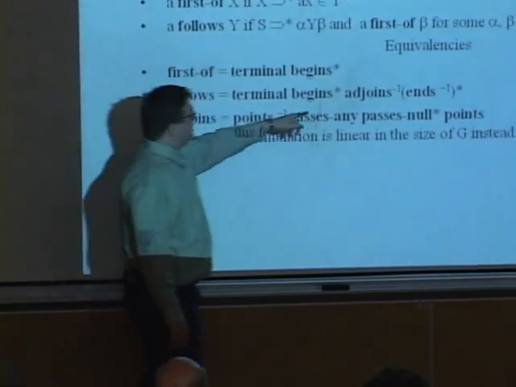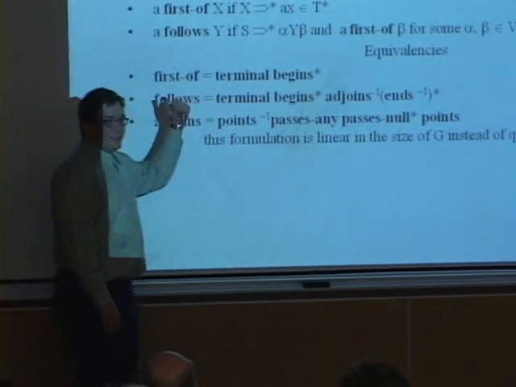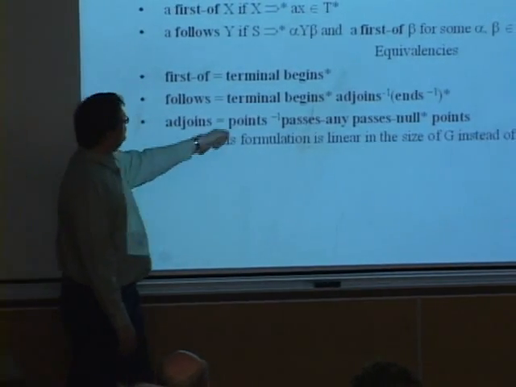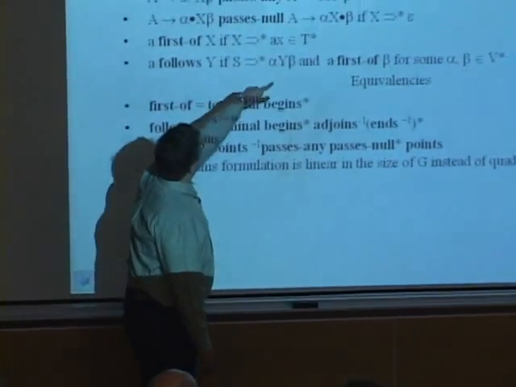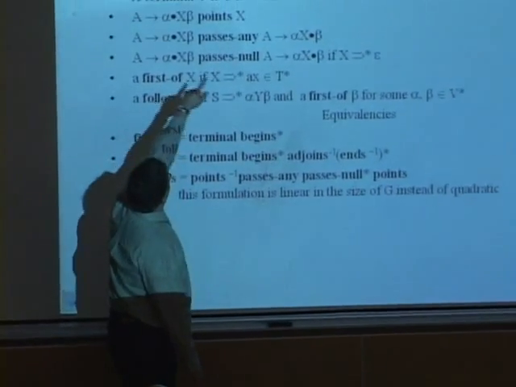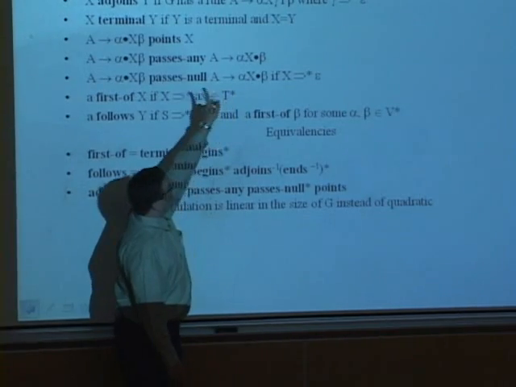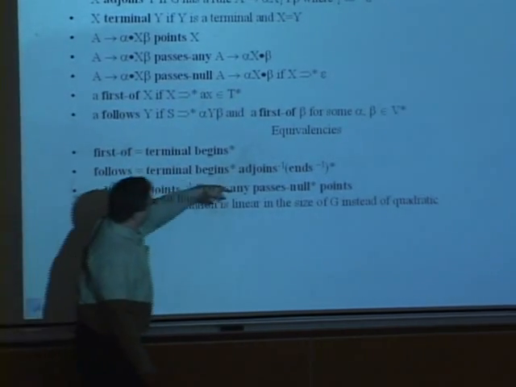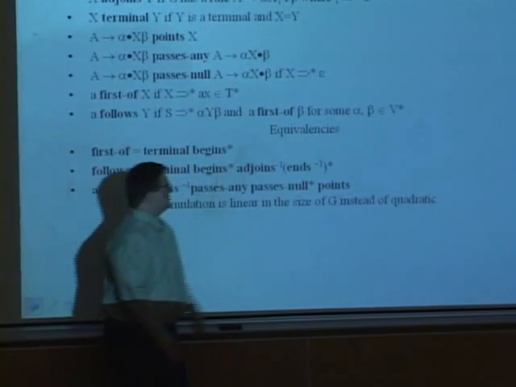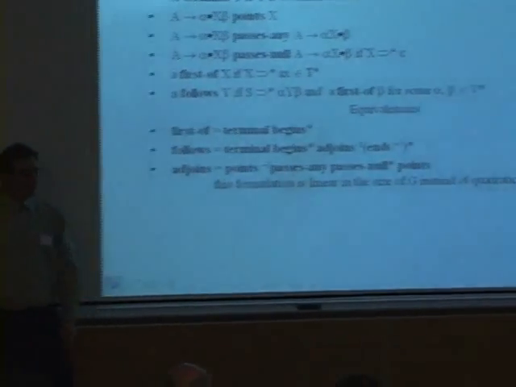Right? This adjoins inverse means the one preceding. Right? We're talking about going from y to x, except actually y, and then we find something that ends, some terminal that ends x.